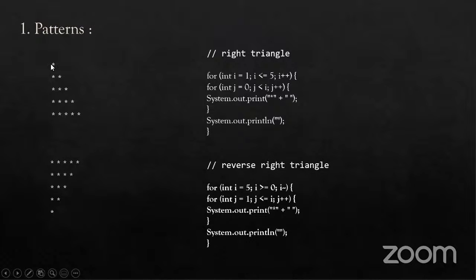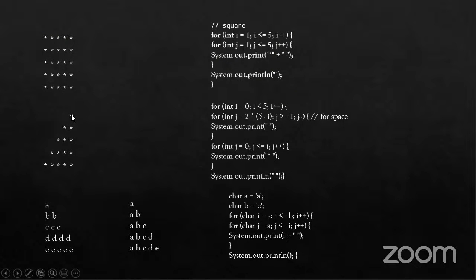Okay, the other pattern is also a triangle pattern, but the difference is, here we first print a right triangle, and then we print the exact mirror image of that. That is a right angle triangle and its mirror image.